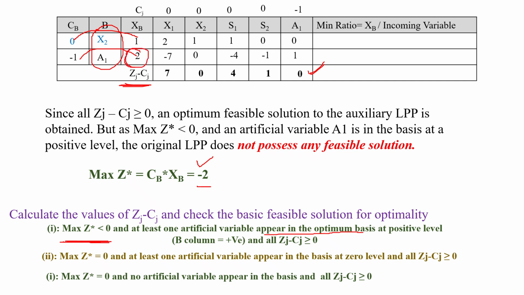In this condition, we will not get any feasible solution. So for the given problem, we will not get any feasible solution by applying the two-phase simplex method. So this is the solution. In these types of conditions, we will not get any feasible solution. Thank you.